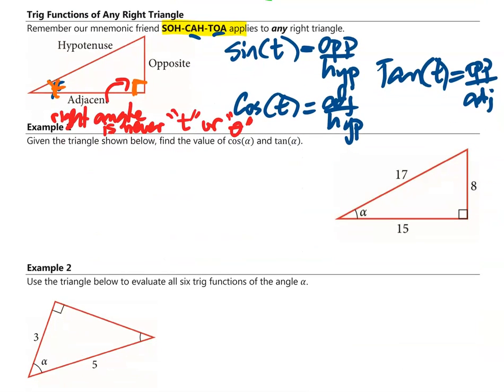Example number 1. Given the right triangle shown below, find the values of cosine alpha and tangent alpha. So this is your alpha, and these are the sides. This is the opposite side, this is the adjacent side, and this is the hypotenuse. So we want cosine alpha, and we know that's adjacent over hypotenuse.